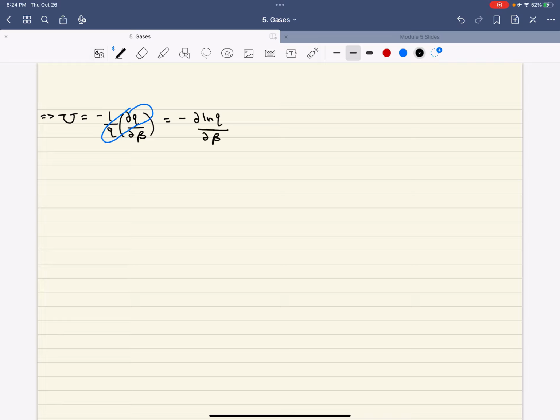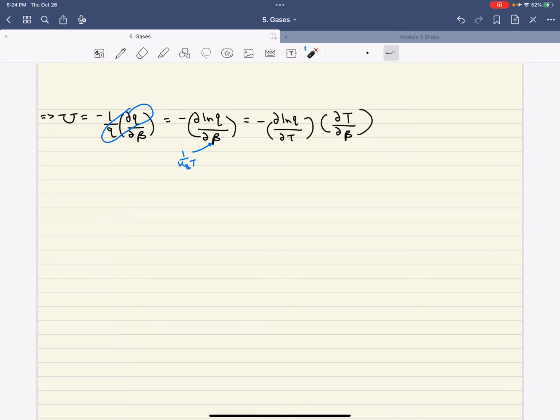Okay? What I'm going to do now is we have to remember that beta here is just 1 over kBT. Right? And so I'm just going to play a trick here: I'm going to employ the chain rule so that I could rewrite this partial derivative like this, d ln of q dT times dT d beta. Right?